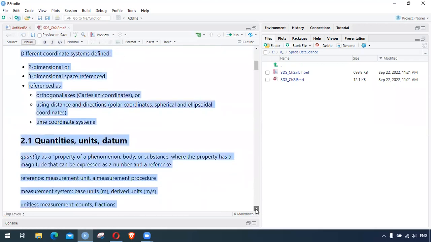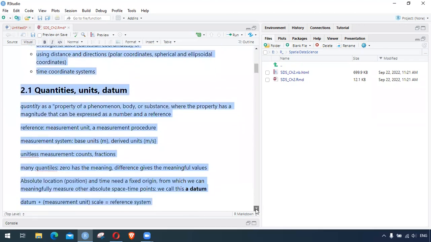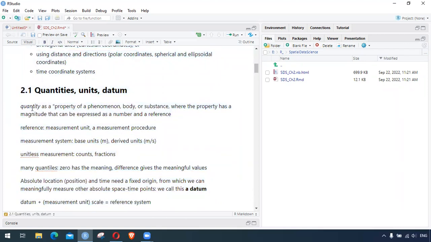In 2.1 we have quantities, units, and datum. To define a quantity, it is the property of a body, phenomenon, or substance, where this property has some magnitude, and this magnitude can be expressed in numbers with a reference, and by reference we mean the units of measurement or the measurement procedure. The measurement system can be anything that is done with units.